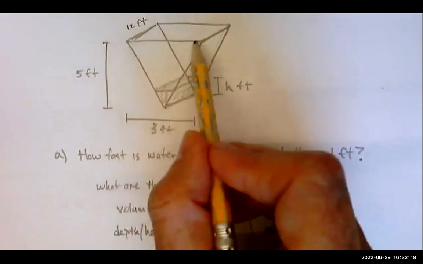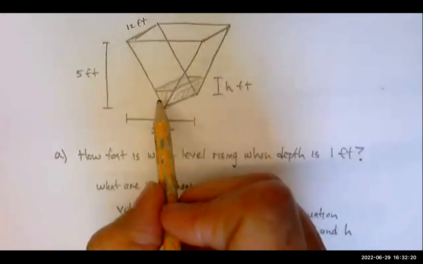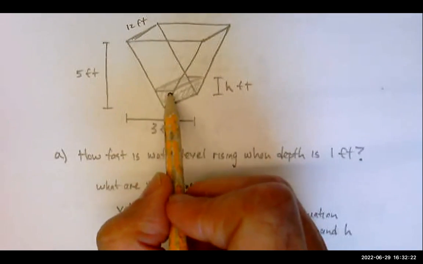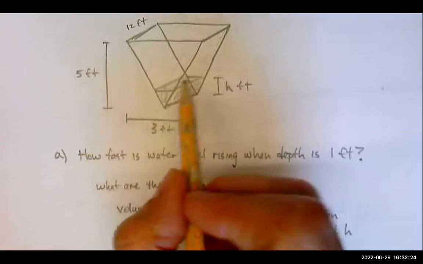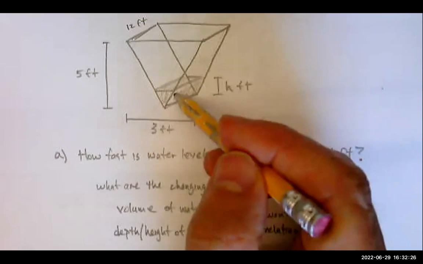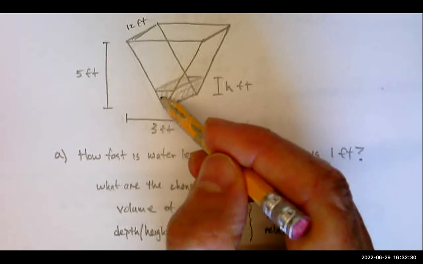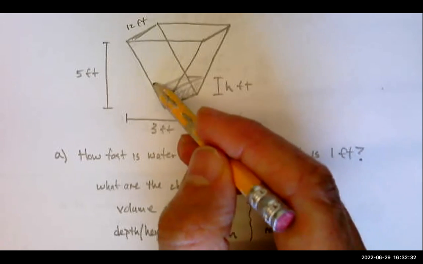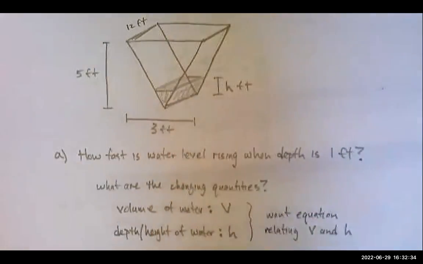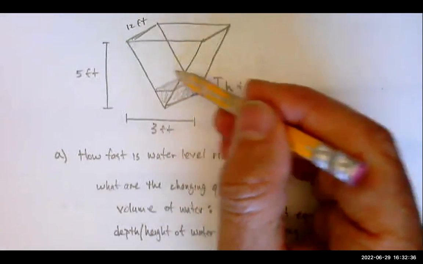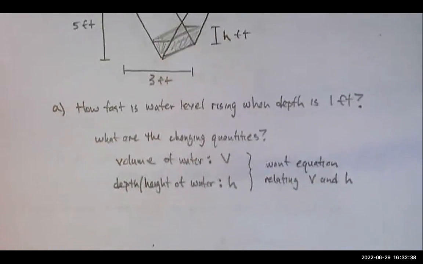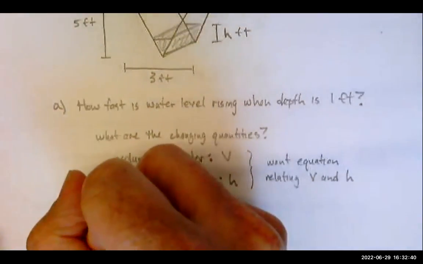So then what's happening here with this part? As more water pours in, the face of that triangular part that's just looking at the water, that triangle is getting larger and larger, but it's slowing down as the water level goes up.